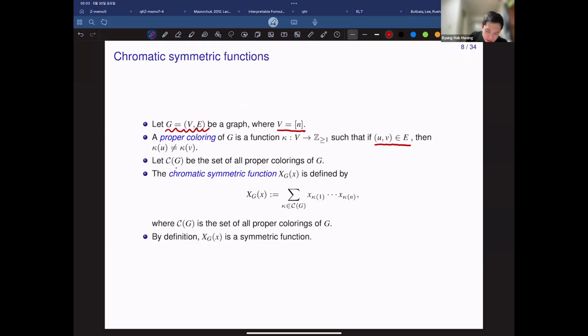We denote by C of G the set of all proper colorings of G. Then Stanley defined the chromatic symmetric function of G as the formal power series, the generating function of the proper colorings with this monomial. By definition, this chromatic symmetric function is actually a symmetric function.